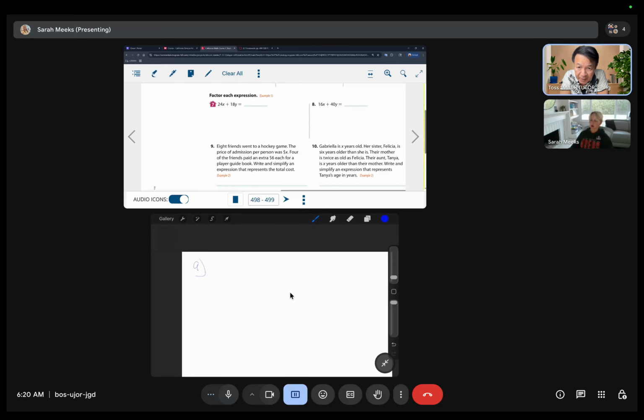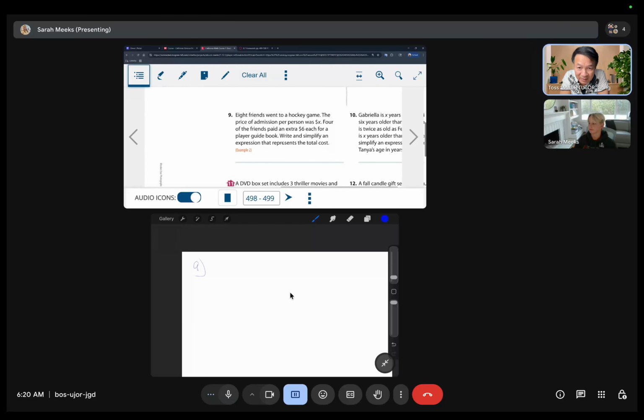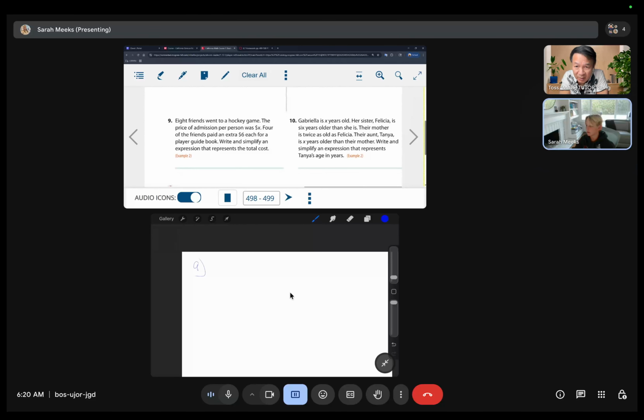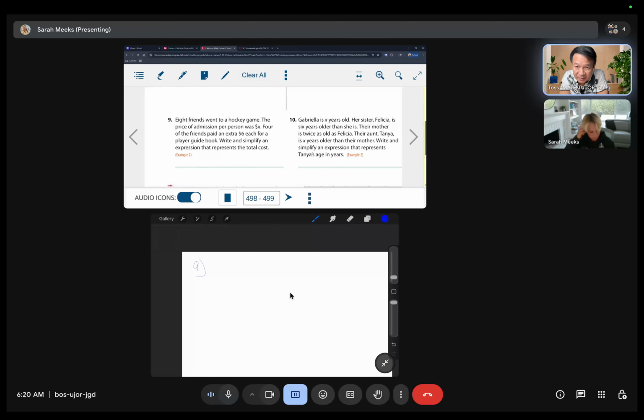Four of the friends paid an extra 6 each for a player guidebook. Simplify the expression that represents the total cost. There are 8 friends who went to a hockey game. The price for admission per person is x dollars.